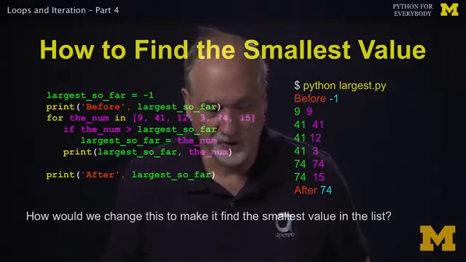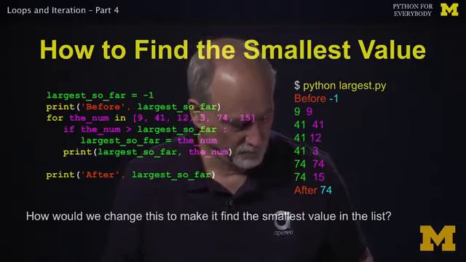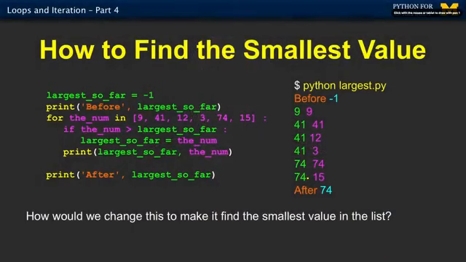Well, there's at least a couple of things you would change, right? So the first thing you would do is change this from a greater than sign to a less than sign. And let's just change the word largest to smallest.